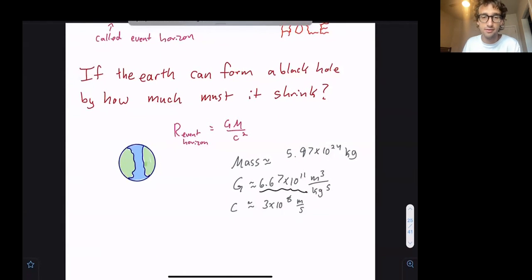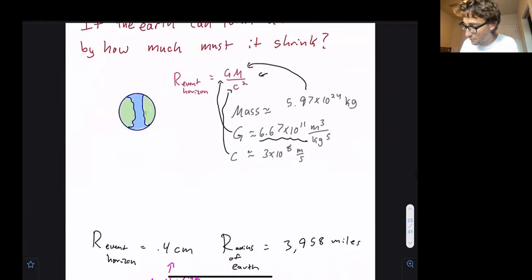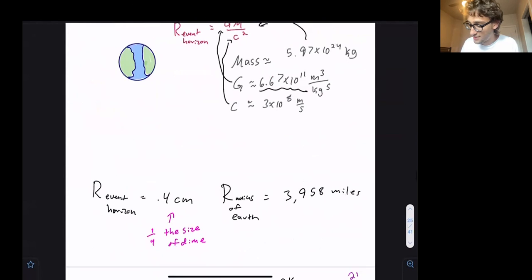So just for perspective, let's say the Earth could go into a black hole. How small does it have to be? Well, the radius has to be less than this given radius over here. The mass is 5.797 times 10 to the 24. We put that in here and plug all these things in, and what we find is that the event horizon for the Earth to be a black hole is about 0.4 centimeters.